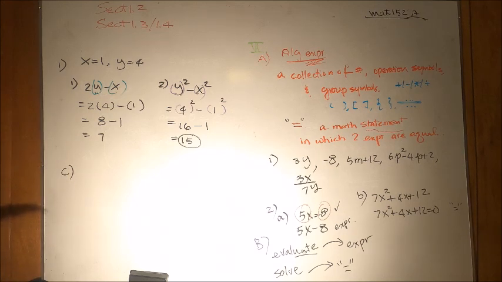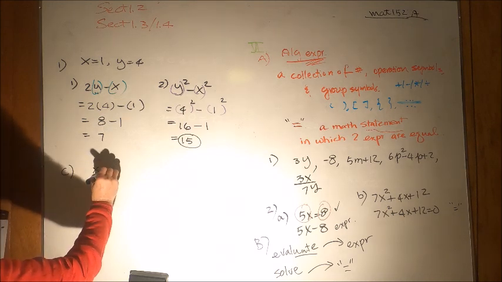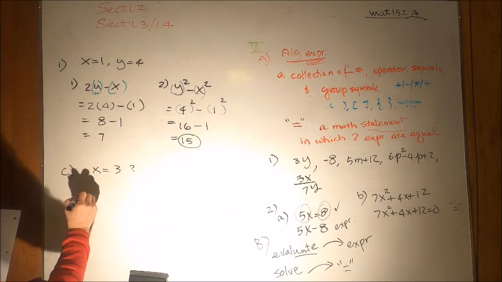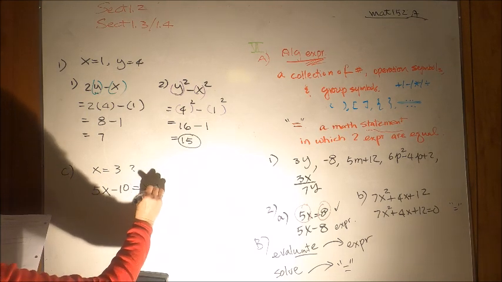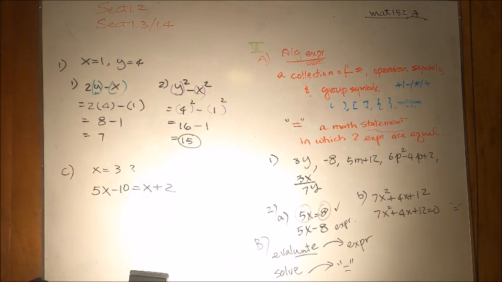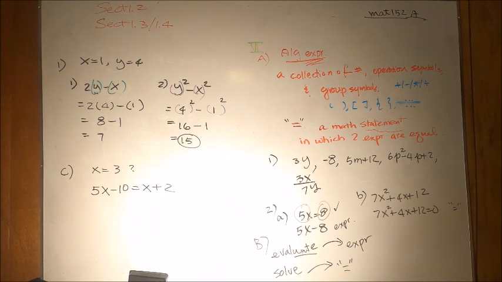Let's look at the next one. Determine whether a number is a solution to an equation. We say, is x equals 3 a solution to 5x minus 10 equals x plus 2? What is it asking?